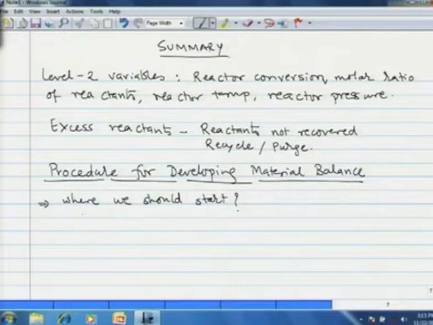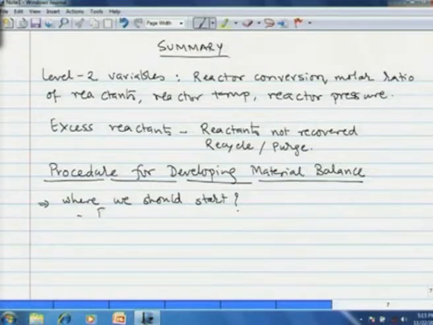However, in some cases the company would like to do forward integration, which means the company may want to set up an additional unit that uses one of the waste products of the existing process as input and it is converted to a value added product. Now in such cases the starting point of material balance is the feed rate. So that point we note, where we should start.